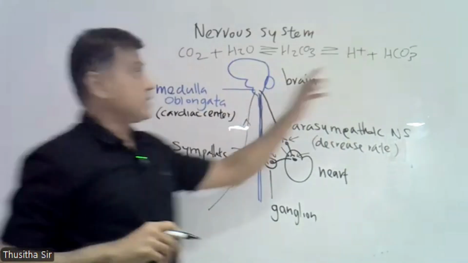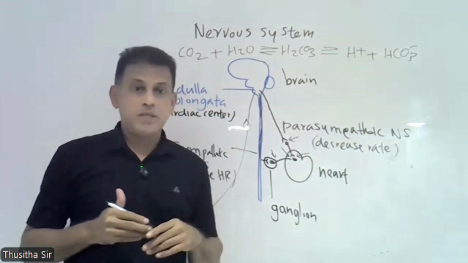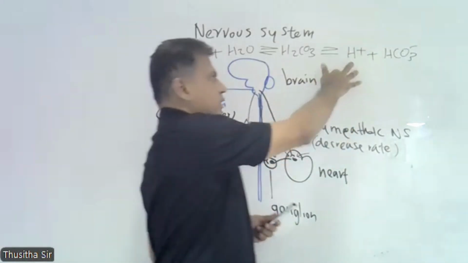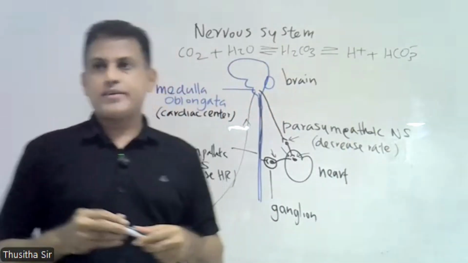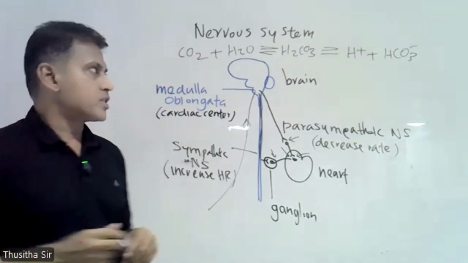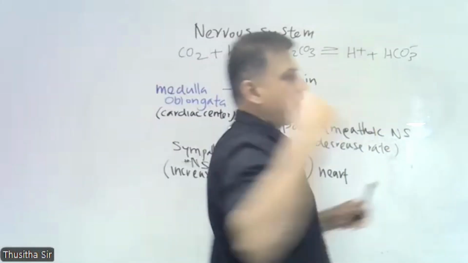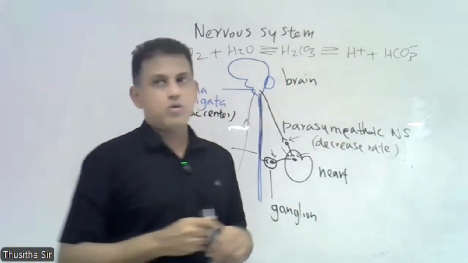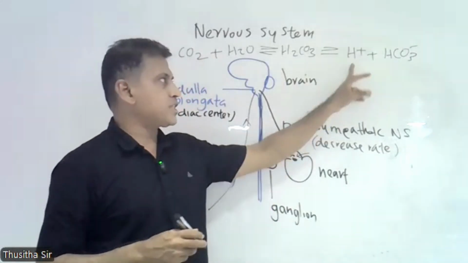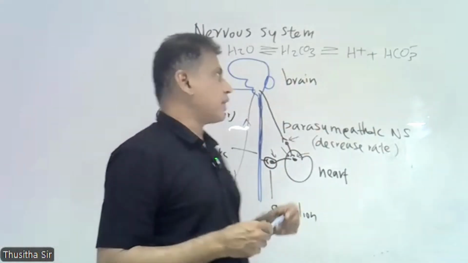So then H plus can decrease pH. You learned this in unit 1, carbon dioxide transport in the blood. So then pH goes down. We are going to learn it under exercise, but remember other situations can also decrease the pH, right?